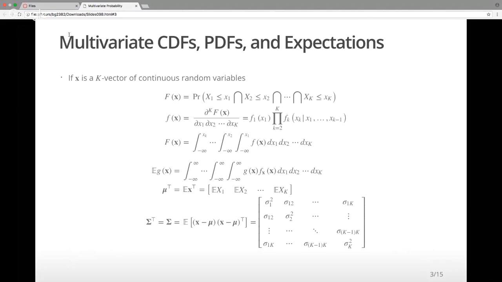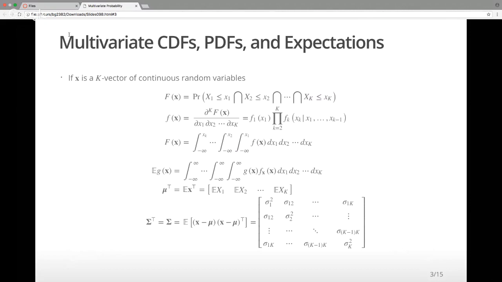And now we're down to a scalar function of a vector, and that scalar function of the vector is little f, or the PDF of random variable x who has some distribution that is characterized by this CDF and this PDF.